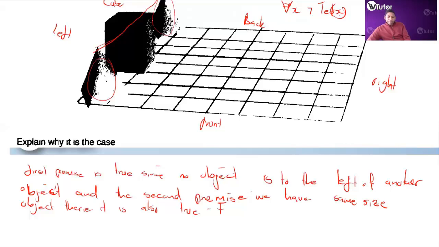The conclusion, however, says, what does the conclusion say? All objects in the task world are not tetrahedrons.